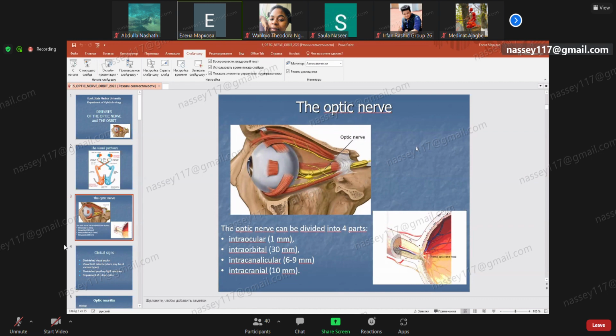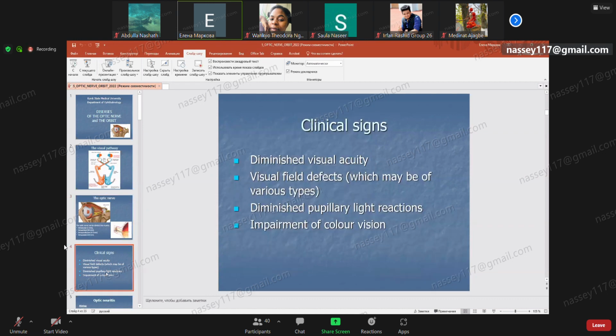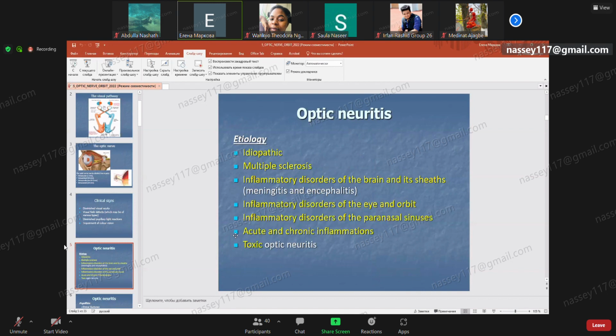So let's continue. Etiology of optic neuritis. The first type of optic neuritis is idiopathic. What does idiopathic mean? In a large proportion of cases, the underlying cause is not identifiable. The second type is multiple sclerosis.